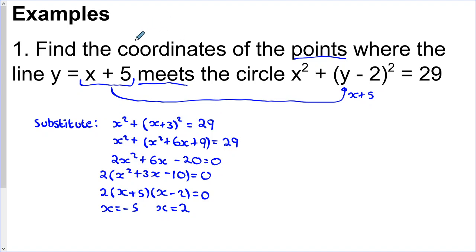So we weren't just asked for the x coordinates though, so we could just be asked for the x coordinates, in which case we'd be finished, but we want the actual coordinates. So now we substitute the x's back into one of the equations. The simpler one would be the one to choose. So substituting minus 5 into here, minus 5 add 5, y equals 0, and substituting 2 into the equation, 2 add 5 is 7.